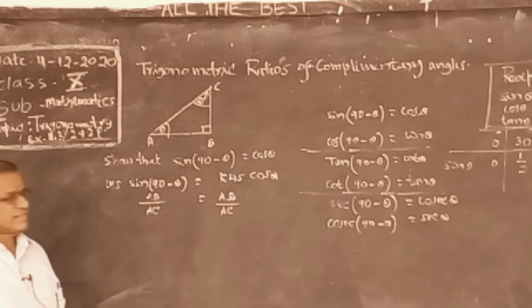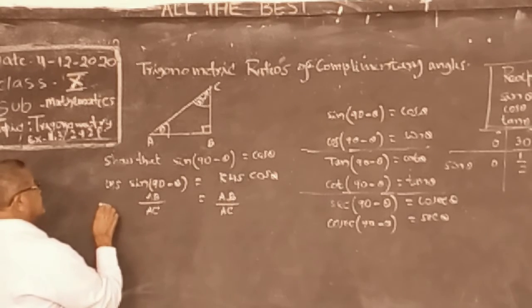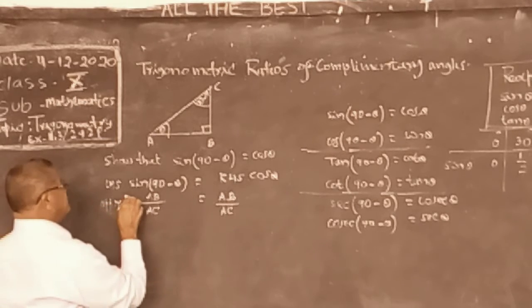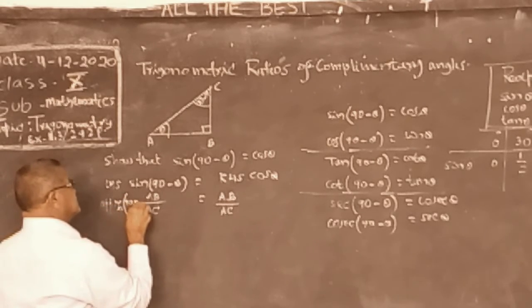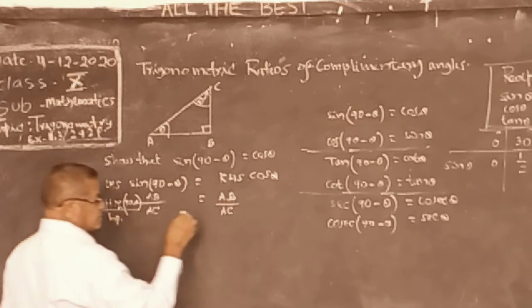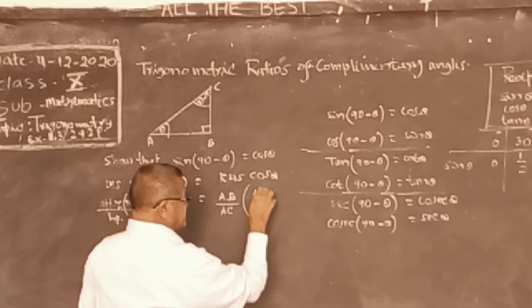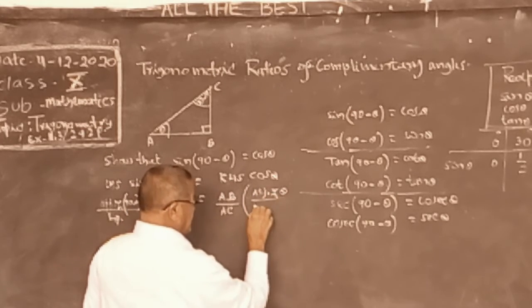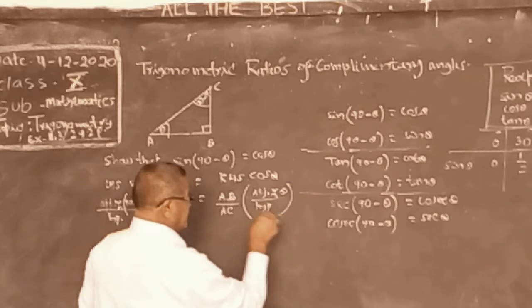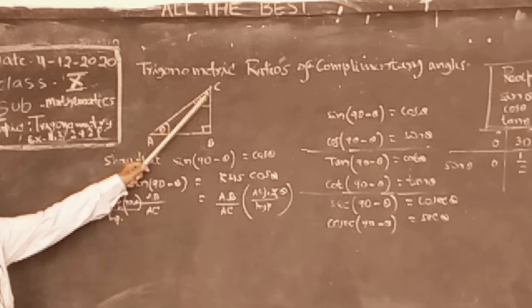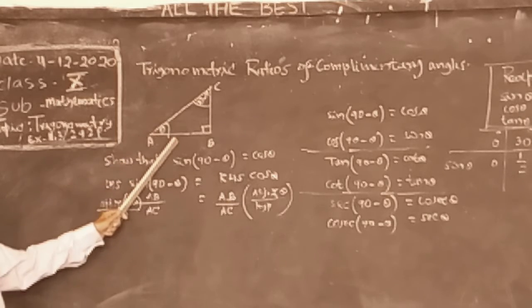LHS equal to RHS. You can write opposite side of angle 90 minus theta by hypotenuse. Here, in short form, adjacent side of theta by hypotenuse. The opposite side of 90 minus theta is AB.